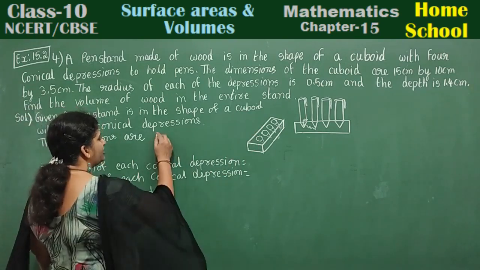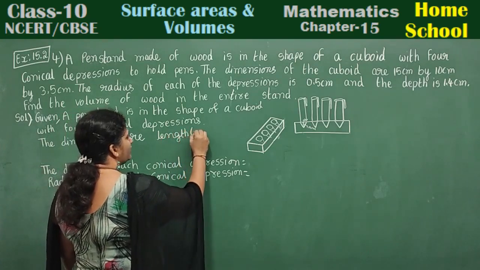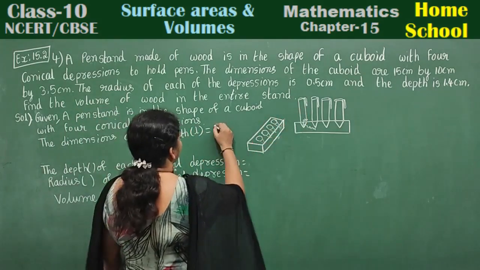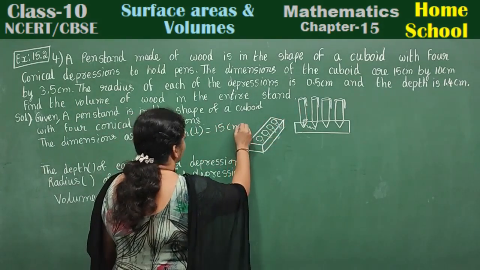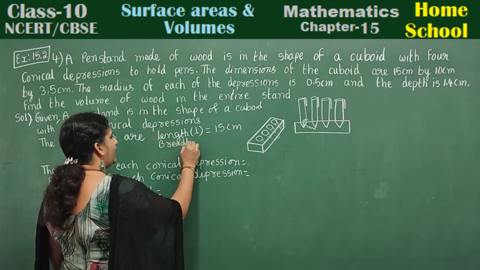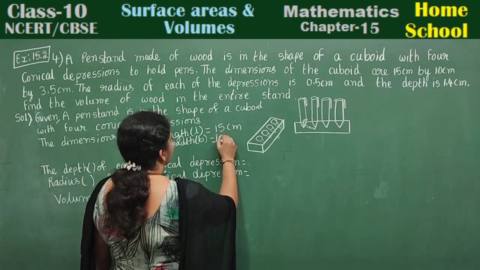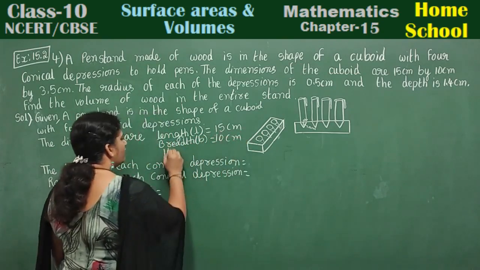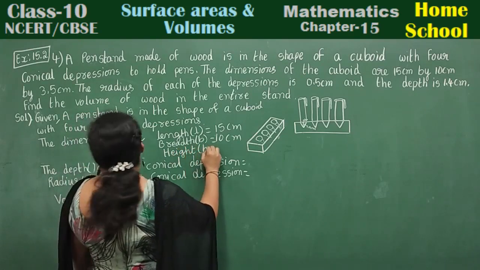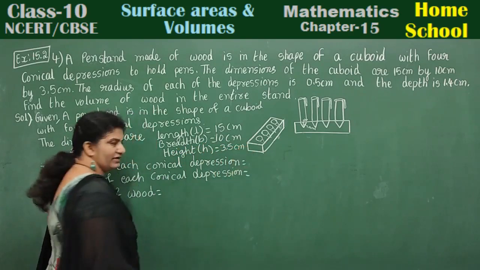Cuboid. Dimensions are length, represented by L, 15 centimeters. Next, breadth B is equal to 10 centimeters. Length, breadth, height. Height is equal to 3.5 centimeters.